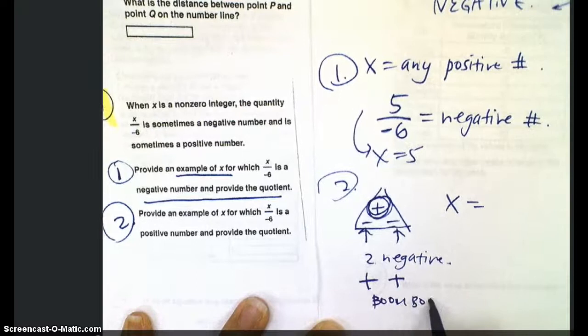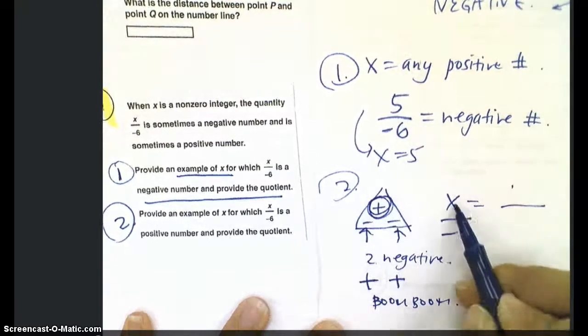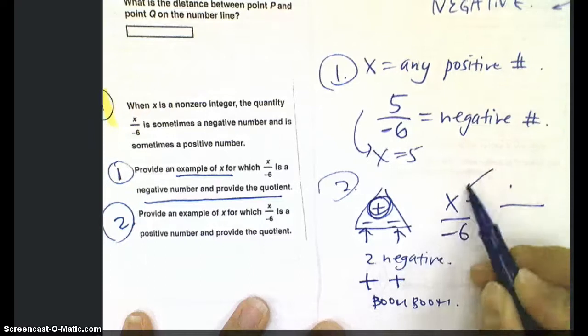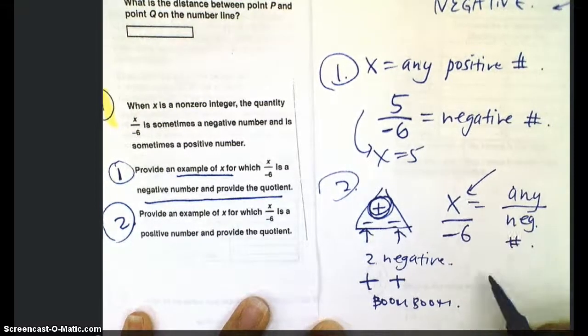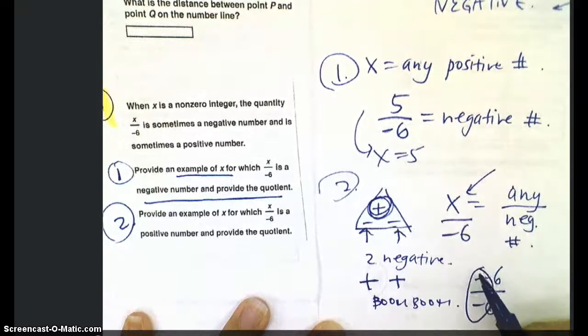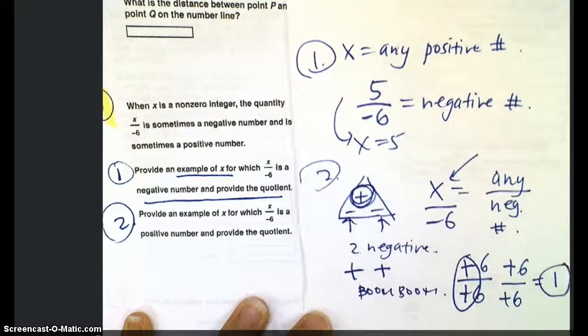This is the same for division. If I have x over negative 6, then if I choose any negative number, like negative 6 over negative 6, then I'm going to get a boom boom here, and they're going to be positive 6 over positive 6, which is going to give me a positive answer of 1.